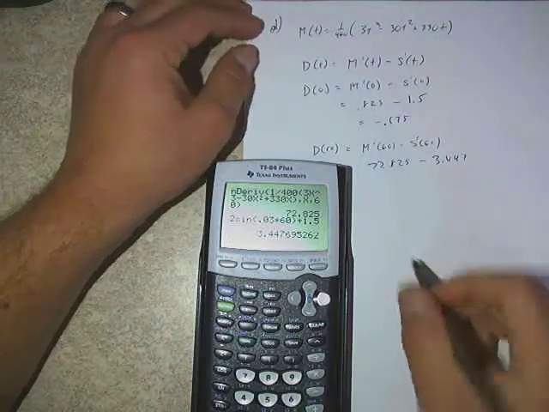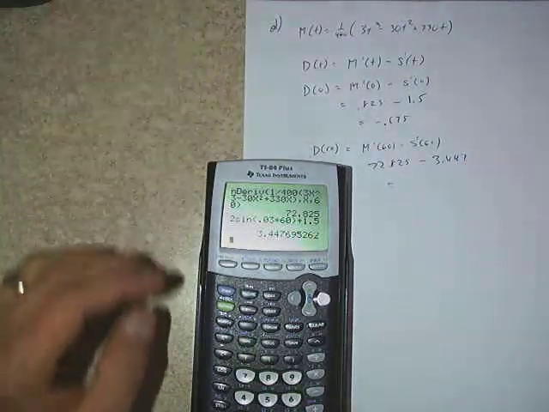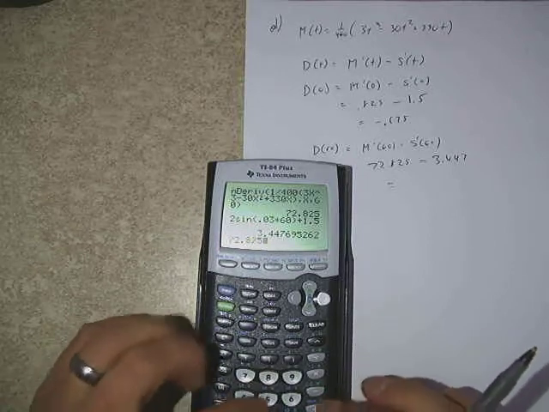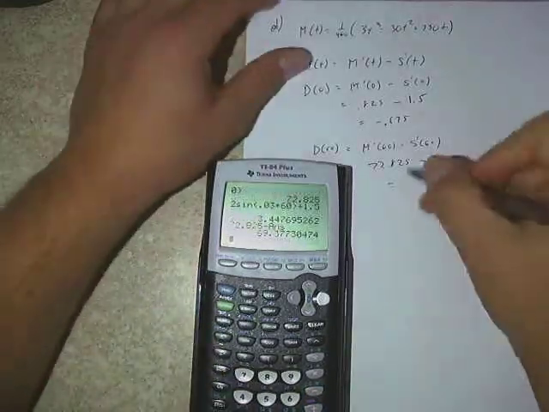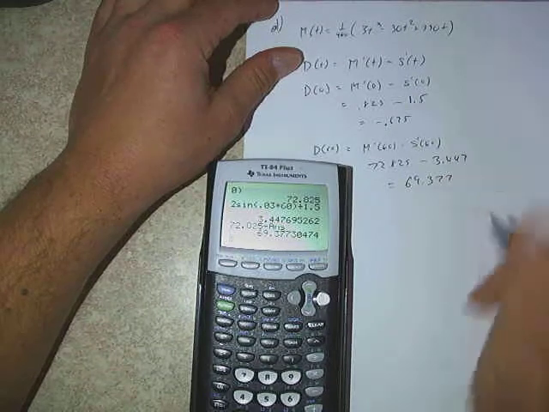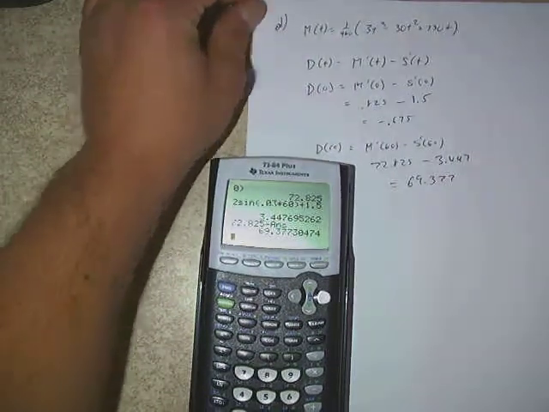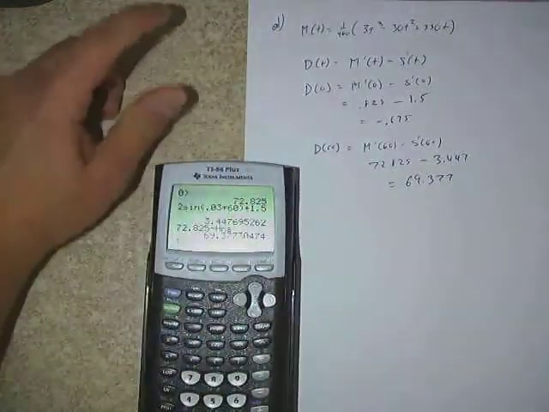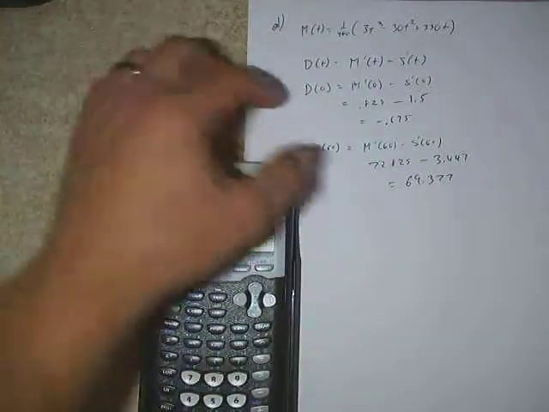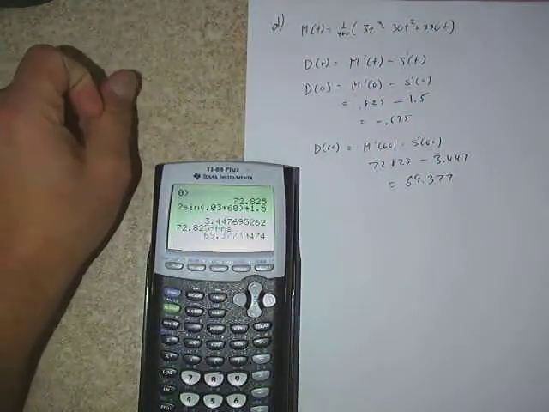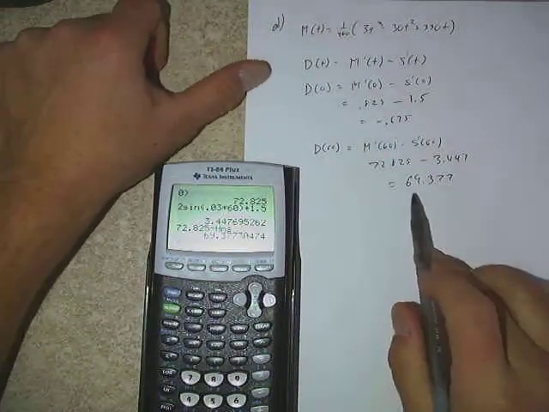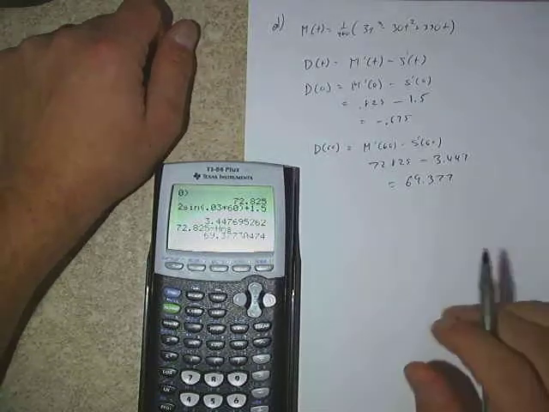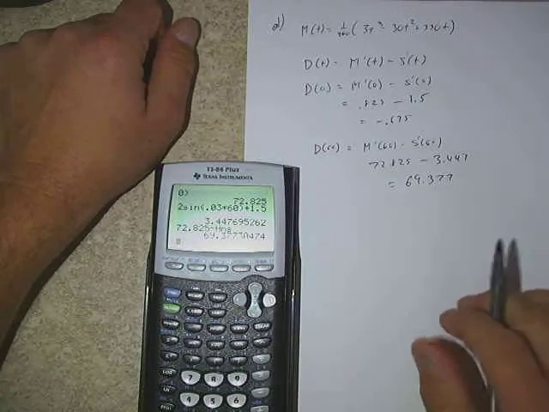And we get 72.825. And if we do the same thing with our s function, 2 sine of 0.03 times 60 plus 1.5, we get 3.447, and obviously that's positive. We subtract, and get our answer, 69.377.